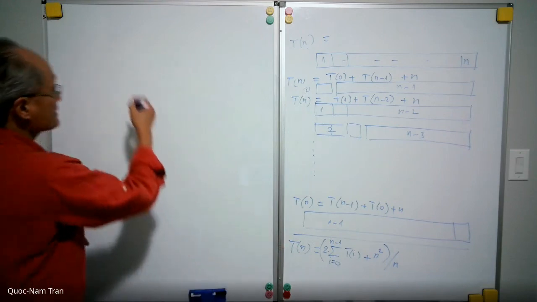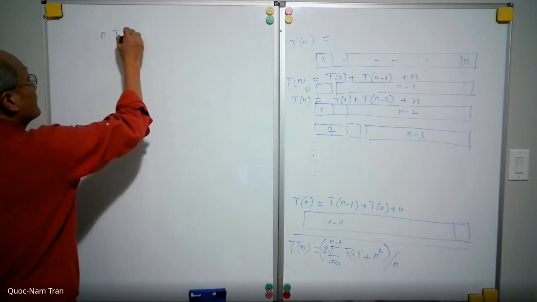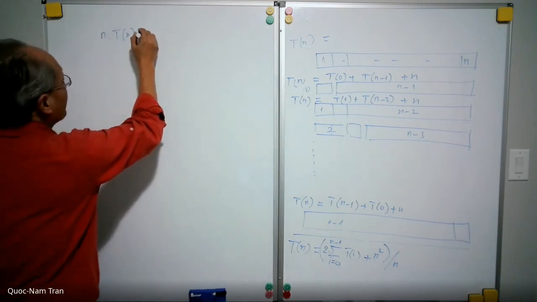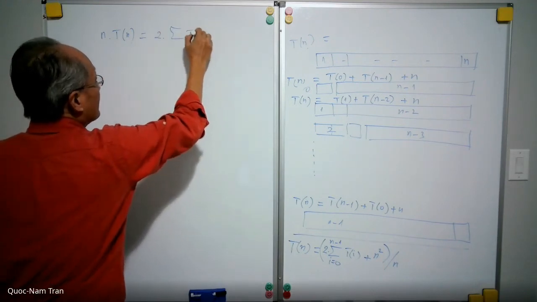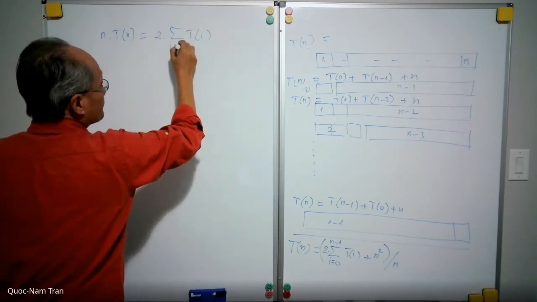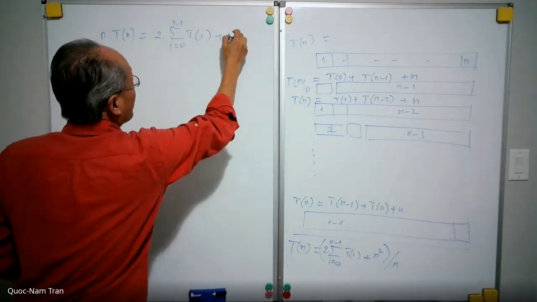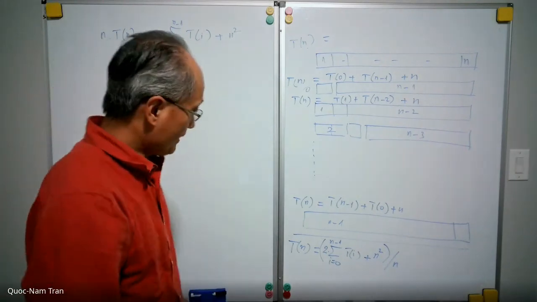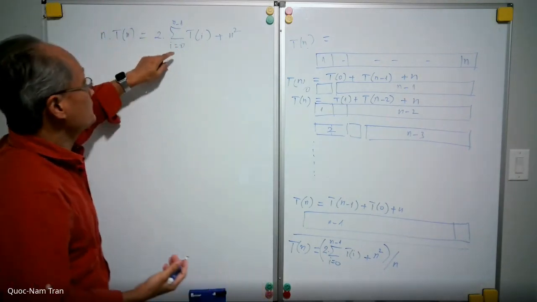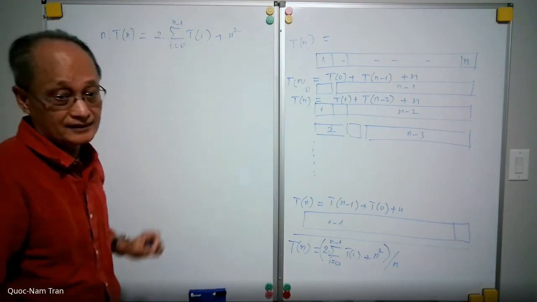Then on the left-hand side, I have n·Tn, and on the right-hand side, I have 2 times the sum of Ti for i from 0 to n minus 1, plus n squared. Now I want to get rid of the sum of Ti here.